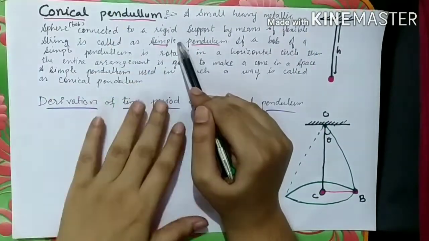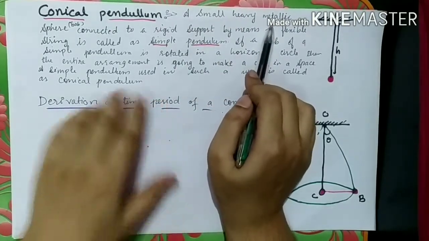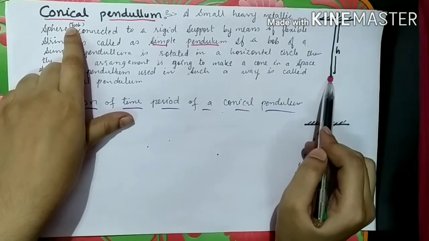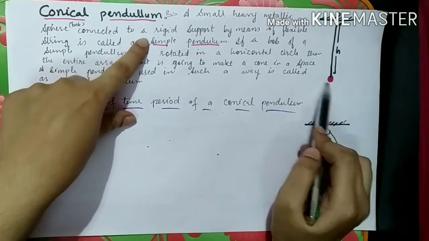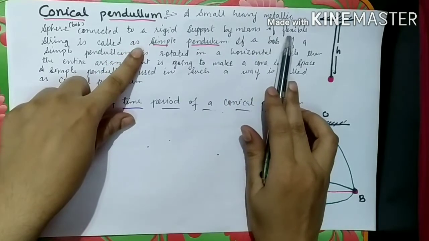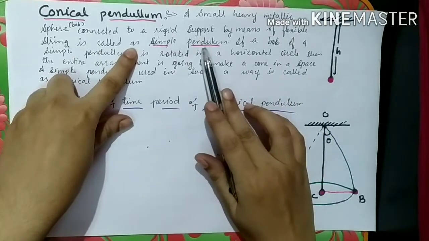As written here, a small heavy metallic sphere is called the bob of the pendulum. Connected to a rigid support by means of a flexible string, it is called a simple pendulum.